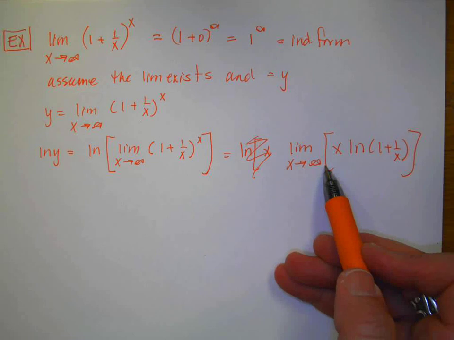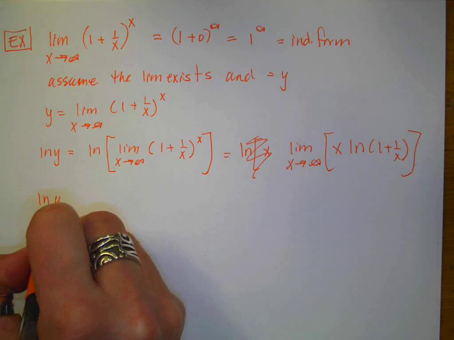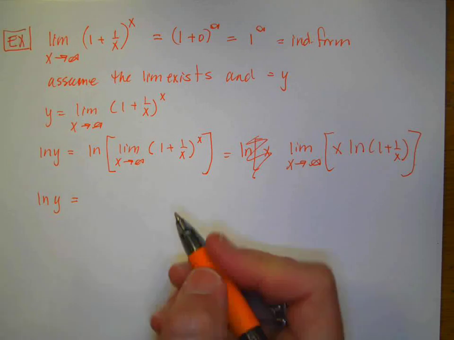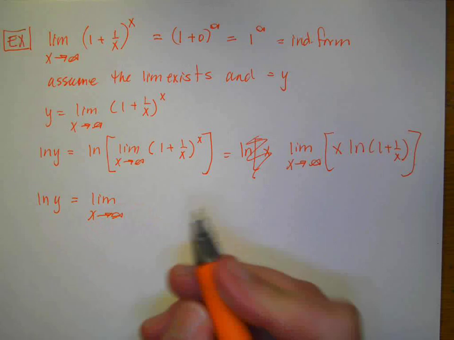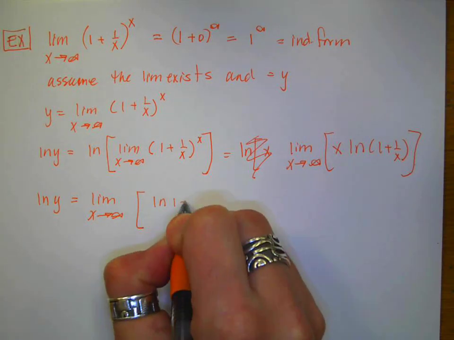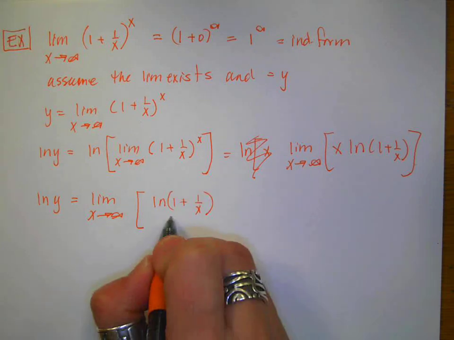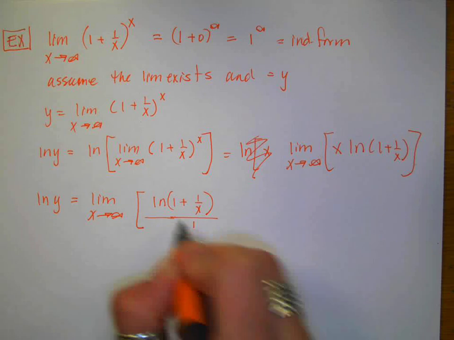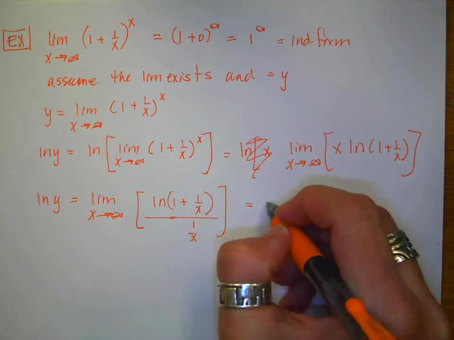Now this is where I think it's a little bit of a stretch. I'm going to write that the natural log of y is equal to the limit as x approaches infinity of the natural log of 1 plus 1 over x, divided by 1 over x.